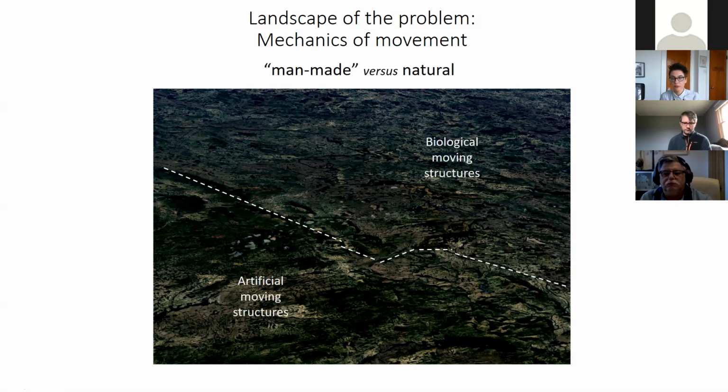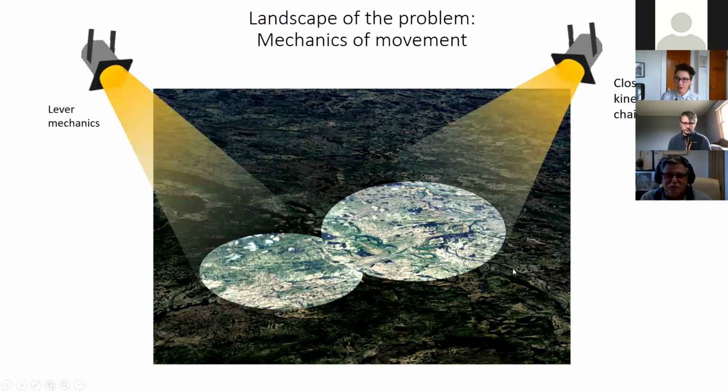In the context of mechanics of movement, there has been a historical separation between artificial man-made structures, or human-made structures, to sound more modern, and natural animal structures. Traditionally, we look at artificial structures from the point of view of Newtonian mechanics and lever-based mechanics, whereas living organisms rather employ closed kinematic chains in their movement.